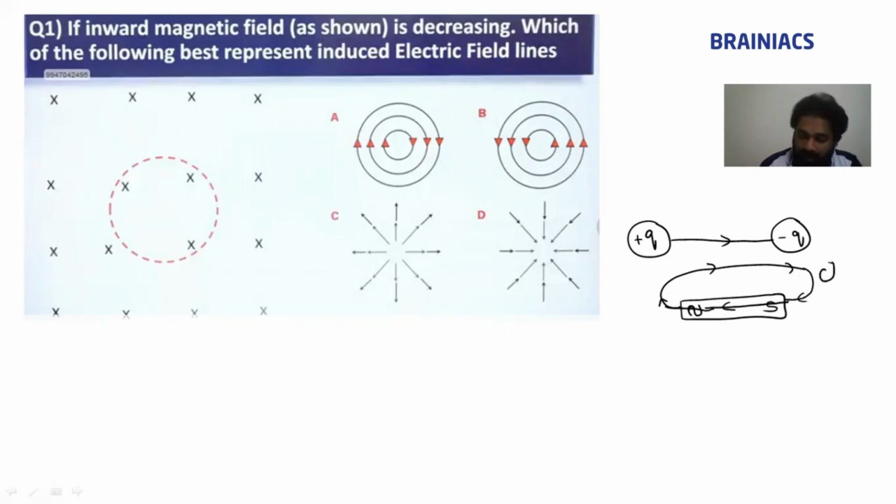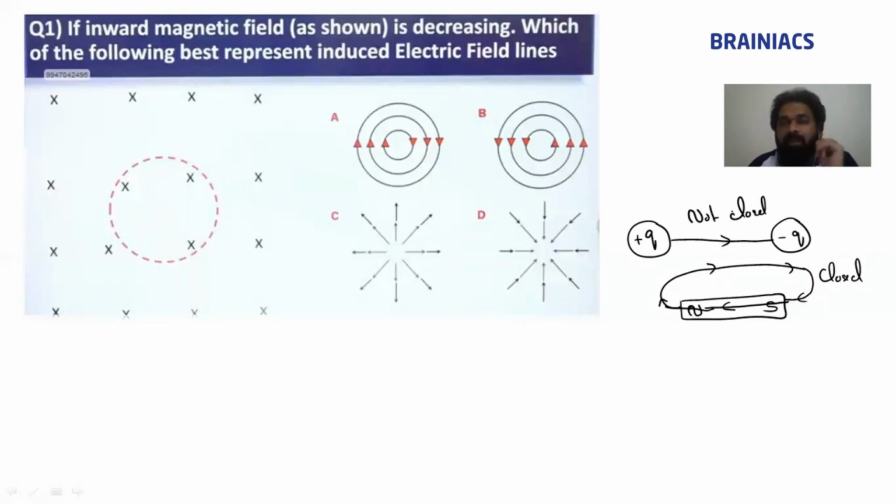So these are closed lines, whereas C and D are not closed lines. If our target were electric field lines, we would be tempted to mark C or D, but that needs clarity on whether the charge is positive or negative. That is the general case, but here we are discussing induced electric field lines.